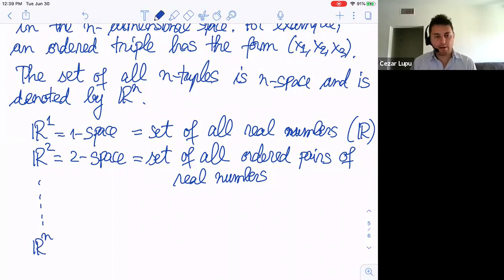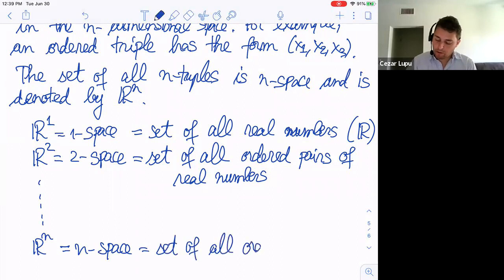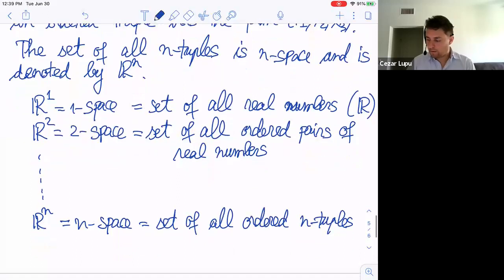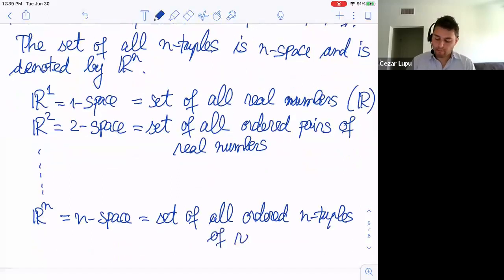So we have n copies of R. So it's the n space, a set of all ordered n tuples of real numbers. And now I want to see what is an n tuple.